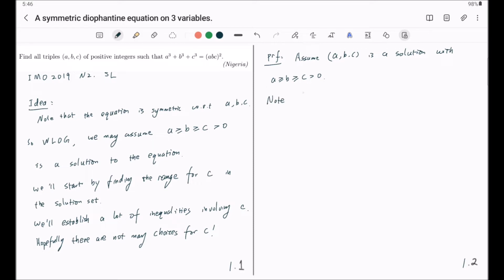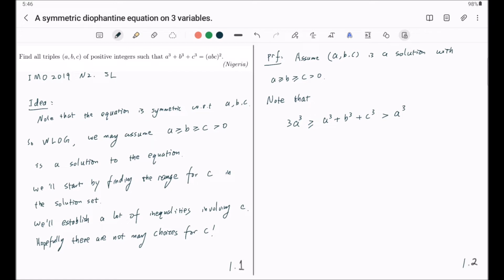We'll give a trivial inequality. A cubed plus B cubed plus C cubed is squeezed between A cubed and 3 times A cubed. This part is due to the fact that B, C are positive integers. And this part is due to the fact that A is bigger or equal to B and A is bigger or equal to C, our assumption.